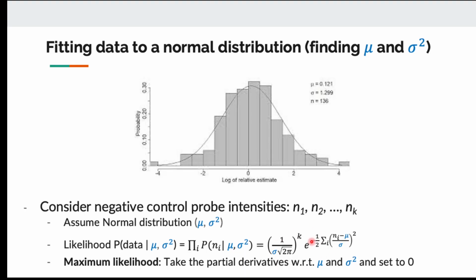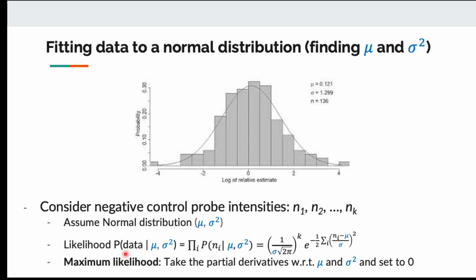We just want to appreciate the fact that if we have the data and we have some assumption of the distribution, in this case the normal distribution, we can write the likelihood, the probability of observing this data given the parameters. And we will have some mathematical expression that looks maybe scary.